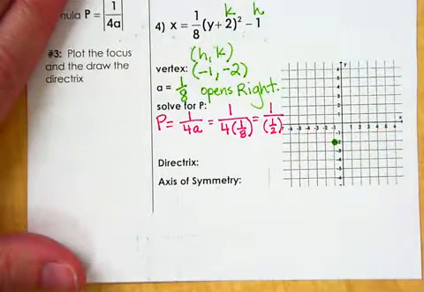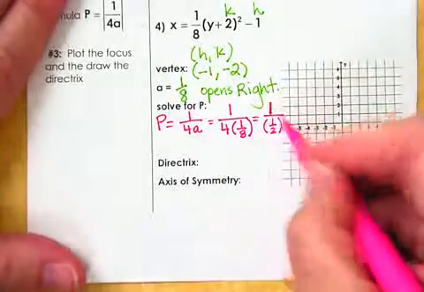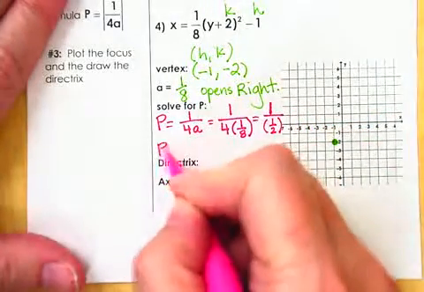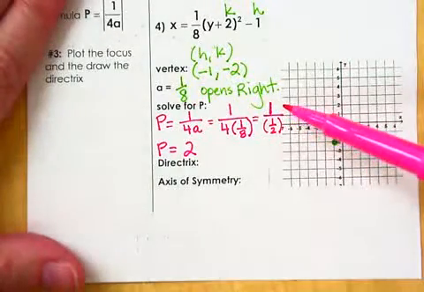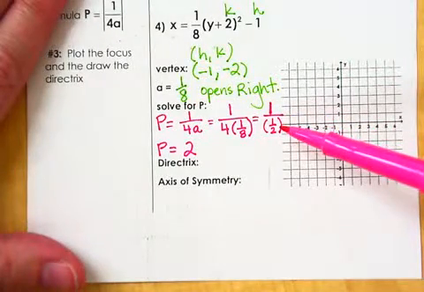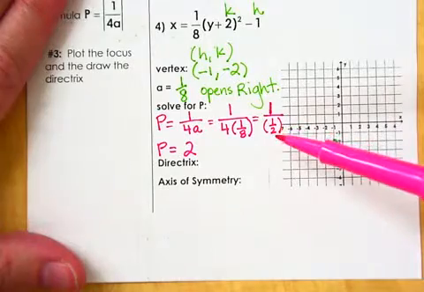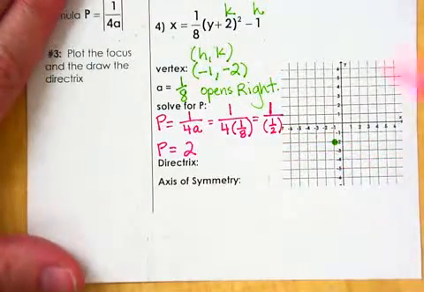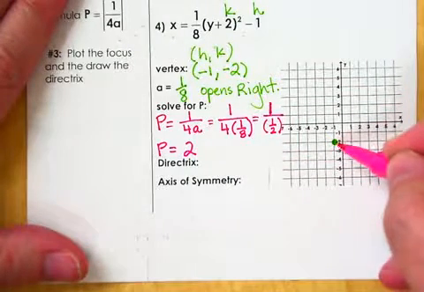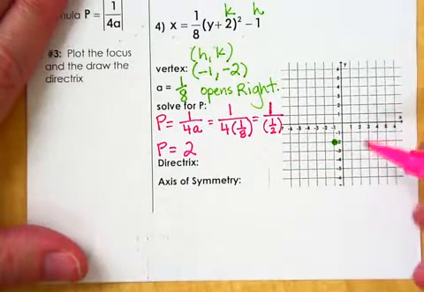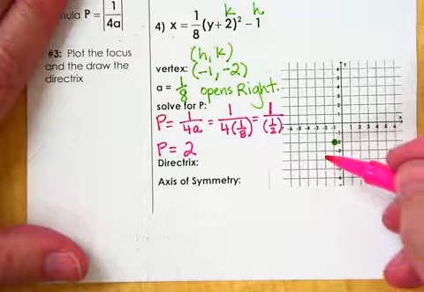And when you multiply by the reciprocal, and you take the inverse of this, you end up with p equals 2. Or if you're using a calculator, just type in 1 divided by 0.5, and you should get 2. So this p is the distance between the vertex and the directrix, and between the vertex and the focus.